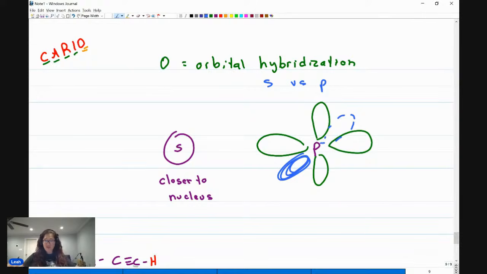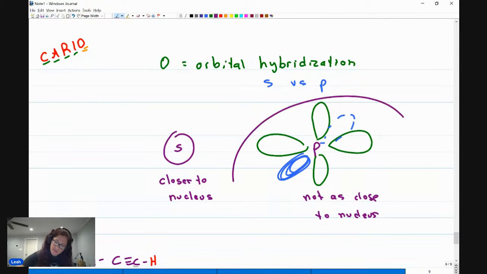So you have all the different shapes. And if an electron is held in the p orbital, it's not as close to the nucleus. And this is key. If you have an electron that is being held closer to the nucleus, don't forget, is positive, then if it's closer to the nucleus, that negative electron is balanced out by a positive nucleus. But if it's further away, it's not being held as close.